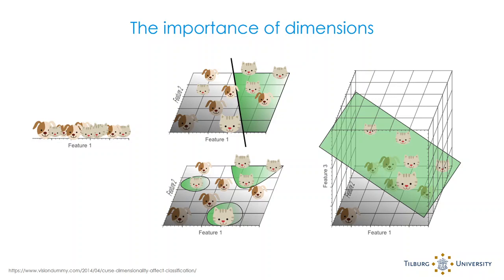However, if we include two features, for example, the length of the whiskers and the type of ear, you can see here in this example that we can build a model, which is this linear model here, separating quite well the cats from dogs. For example, in this cluster here, we have 3 cats and 1 dog.